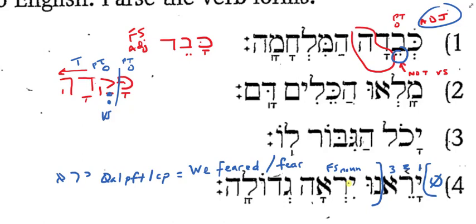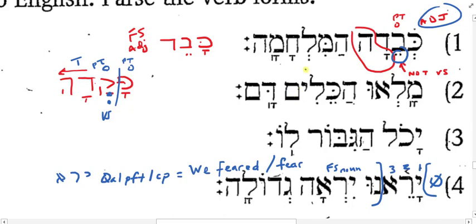Sort of like when we learned, with number 2 as an example, mala'u hakelim dam. The vessels are full. Dam, blood. The vessels are full blood. What does that mean?